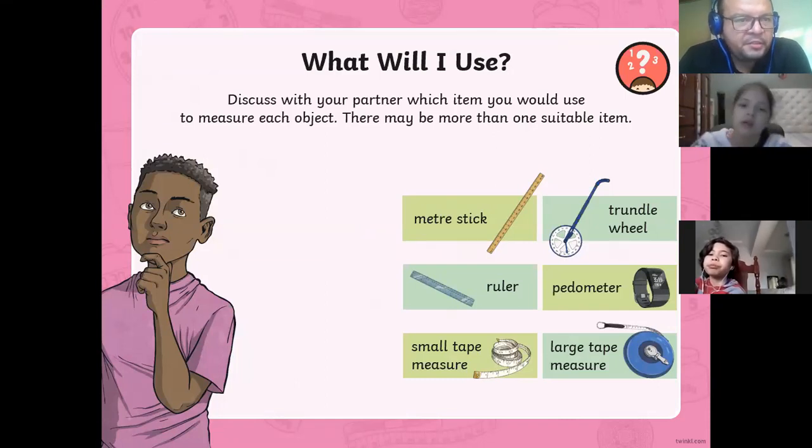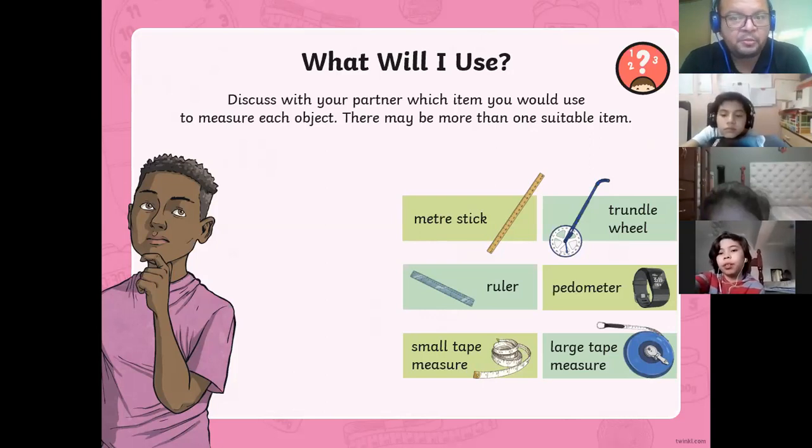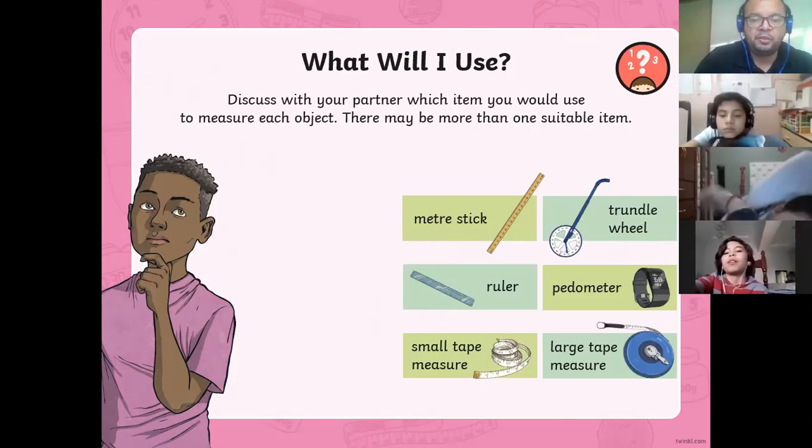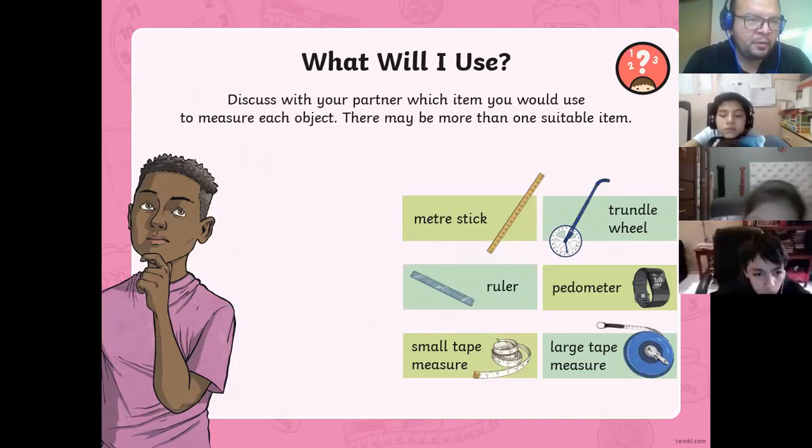Discuss which item you will use to measure each object. There may be more than one suitable item. For example, we use meter stick, trundle wheel, ruler, pedometer, small tape measure, large tape measure, right? What do you use?